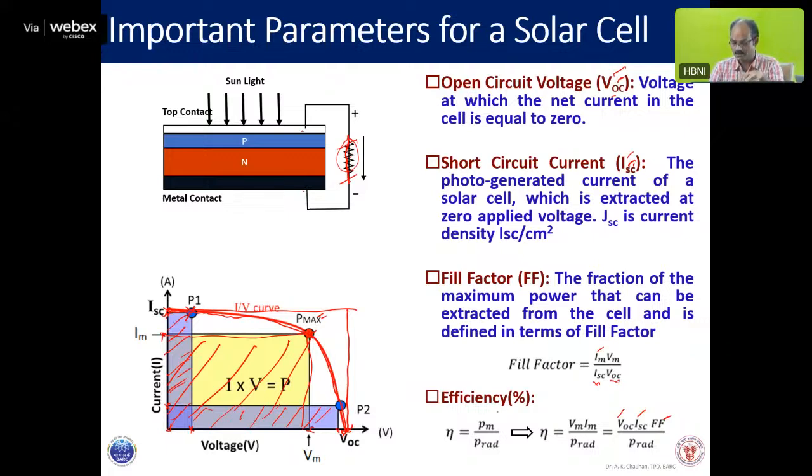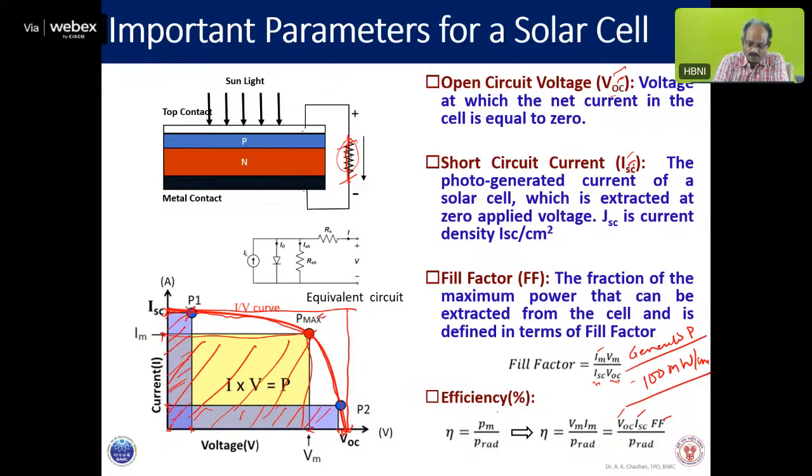Suppose it is at AM 1.5 and at one sun, then the input power will be 100 milliwatt per centimeter square, and the generated power divided by the input power will give you the efficiency.